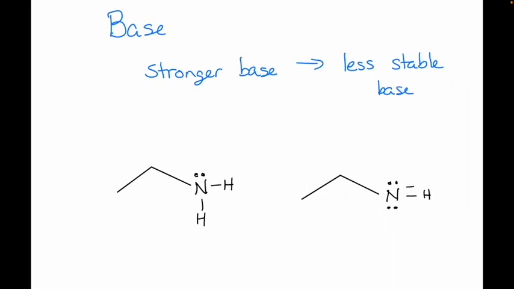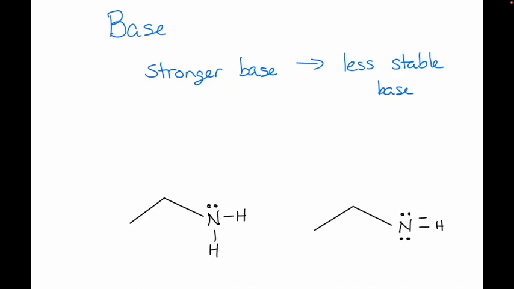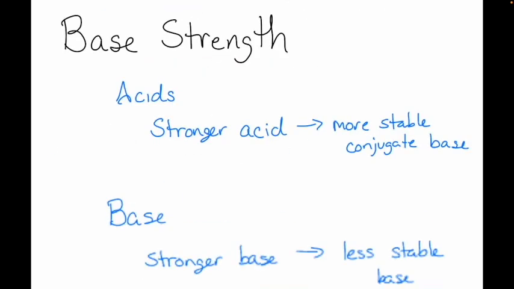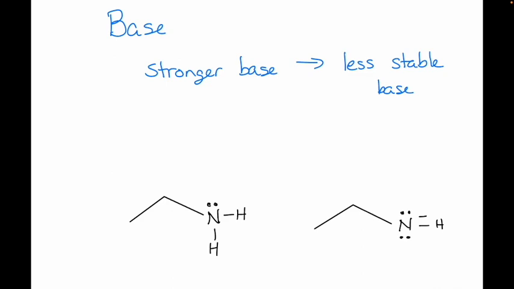Okay? So we can use those same qualitative principles here, but now we have this little cheat sheet, this pKa table. So how could we possibly use this to compare base strength? Well, there's this inverse relationship between acid strength and base strength, right?